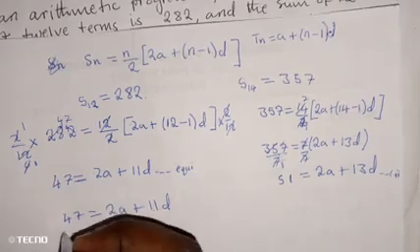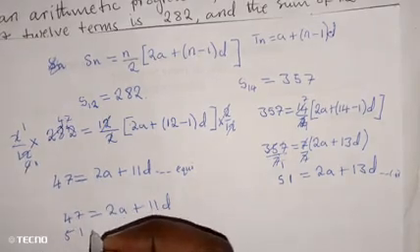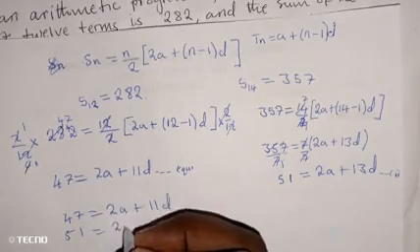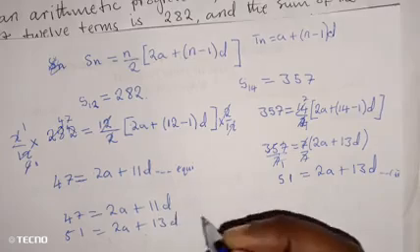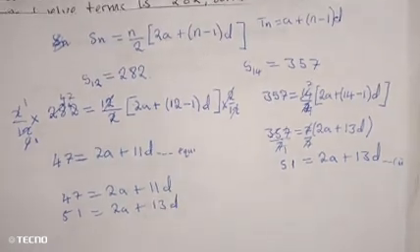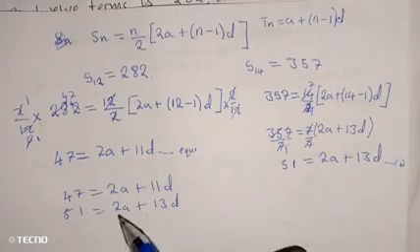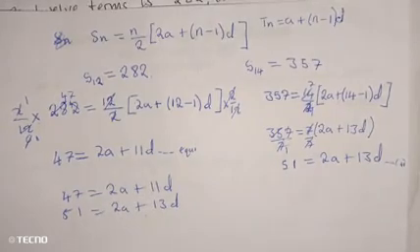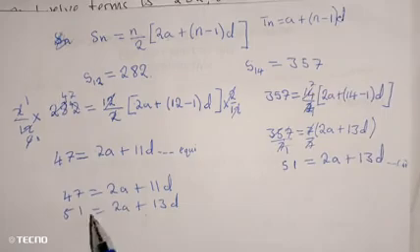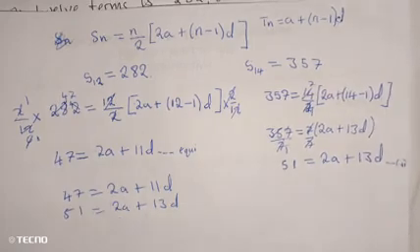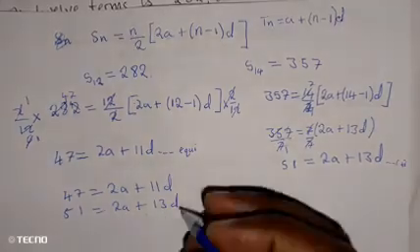Then we take the other one, 51, which is equal to 2a plus 13d. Here you find the operation that eliminates certain letters. The first letter that can be eliminated easily is a.